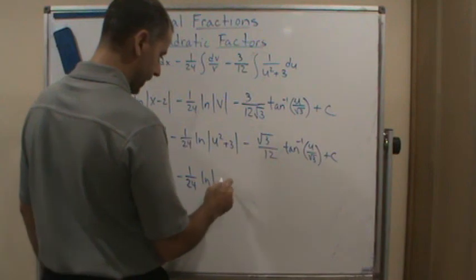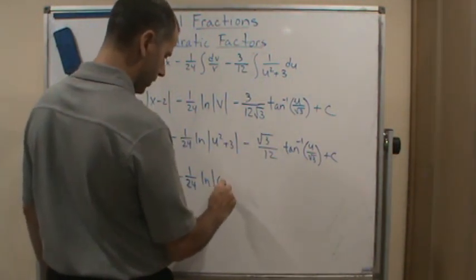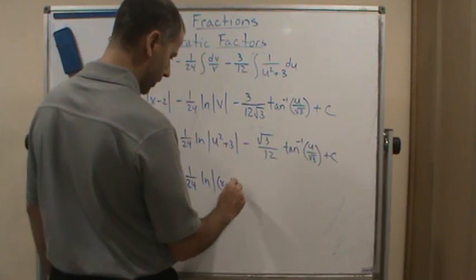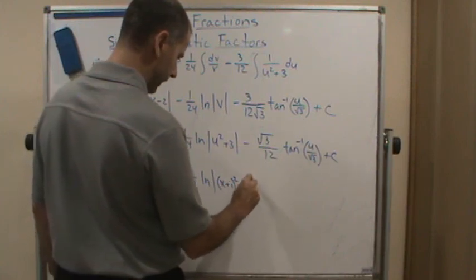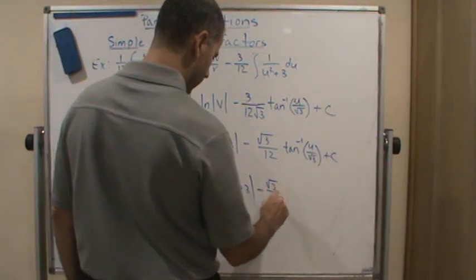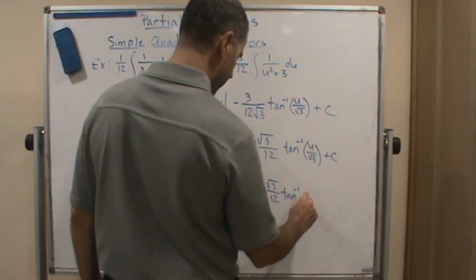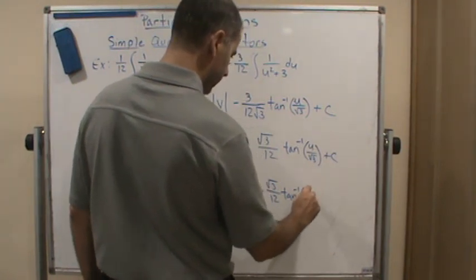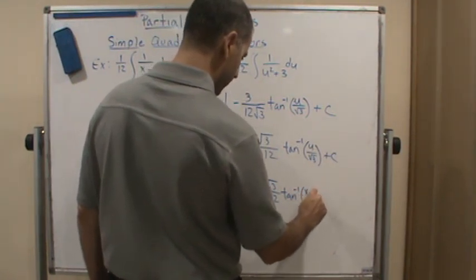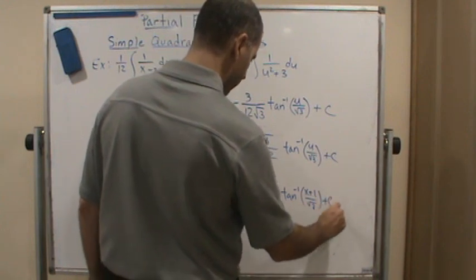So let's put that in there. So this is our x plus 1 squared. So this is going to be x plus 1 squared plus 3 minus the square root of 3 over 12 times the tangent inverse of u, which is x plus 1, over the square root of 3 plus c.